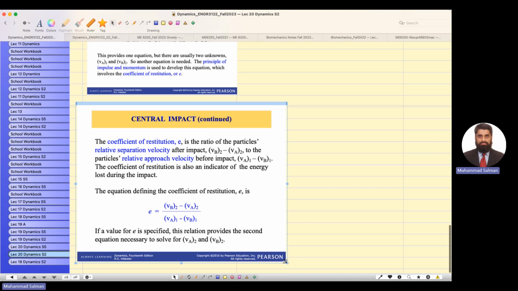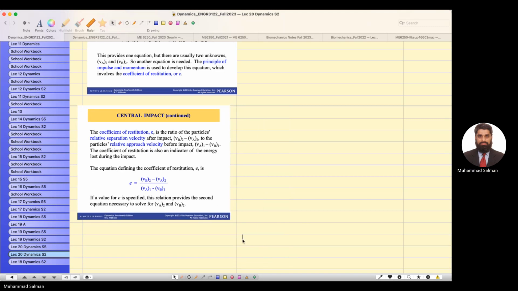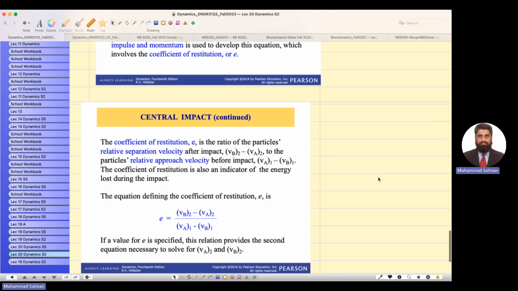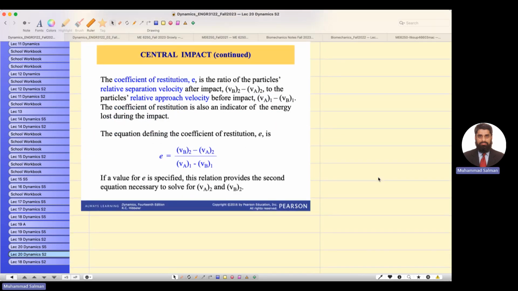This is the formula: relative velocities after the impact divided by the relative velocities before the impact. In this case, the collision is central impact. If you look at the heading of this slide, central impact. Therefore, we did not consider x or y. Y can never be perpendicular to the line of impact. You see my point?